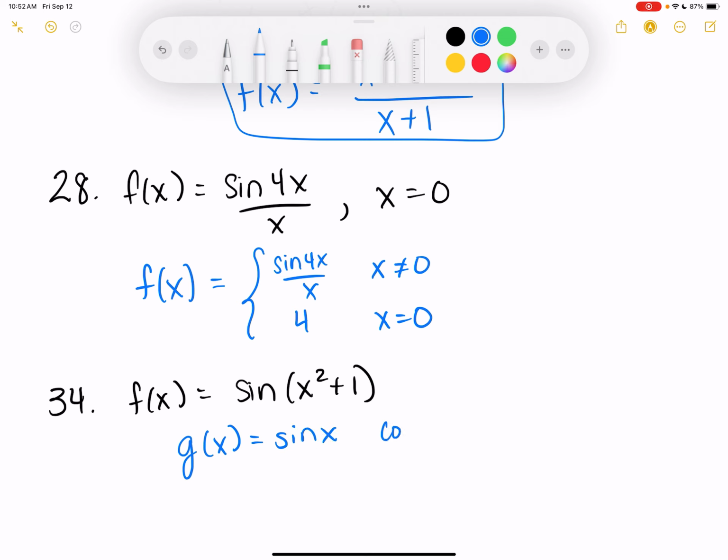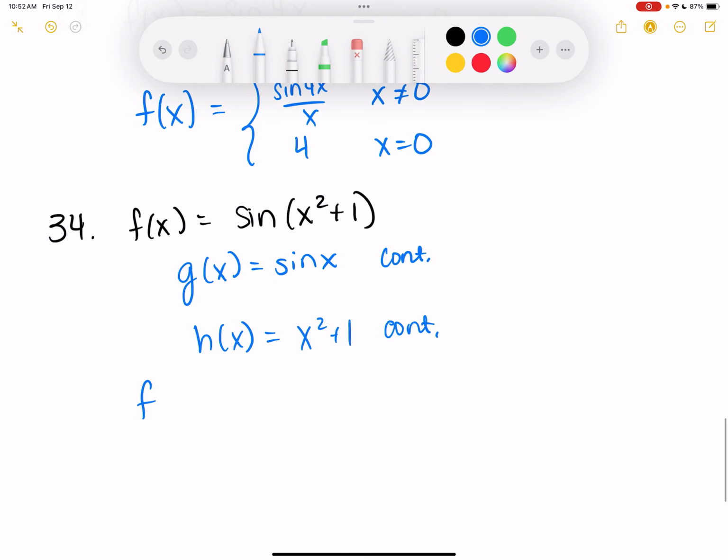And then if I have h of x, since they used f, I'm using h, be this inner part, so h of x is equal to x squared plus 1. Well, parabolas are continuous, right? So since that's also continuous, then I know that f of x is equal to g of h of x. That's my composite function.